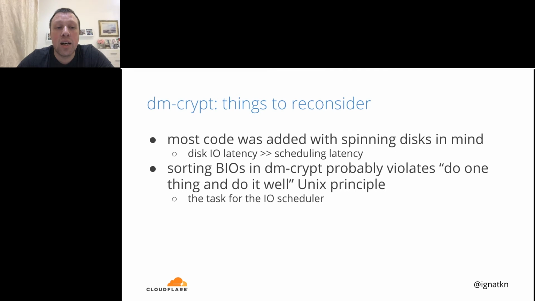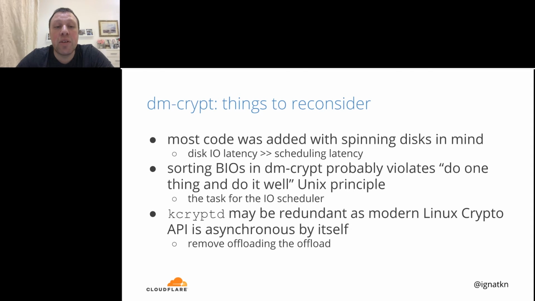Probably sorting I/O requests in dm-crypt violates the Unix single responsibility principle, do one thing and do it well. Sorting I/O requests is a task for the I/O scheduler, and dm-crypt should not take part in it. It should do what it's designed to do: encrypt and decrypt data.